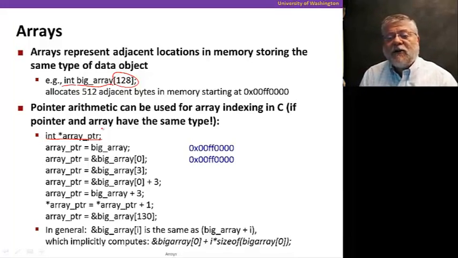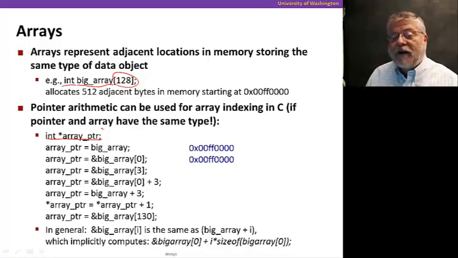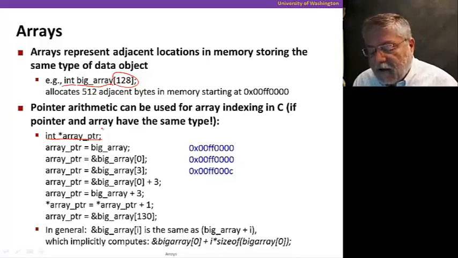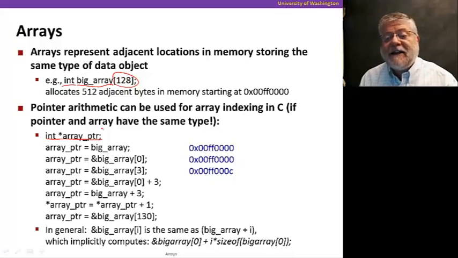So how far down the array is that one? Well, this is where that pointer arithmetic becomes important. Since integers are of size 4 bytes, what I really mean is that 12 bytes past the start of the address is where that fourth element will begin. So the address that I generate here is FF000C. That C corresponds to 12 in decimal, 3 times 4 bytes.